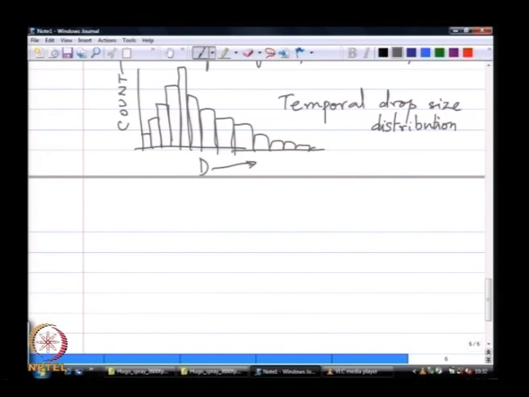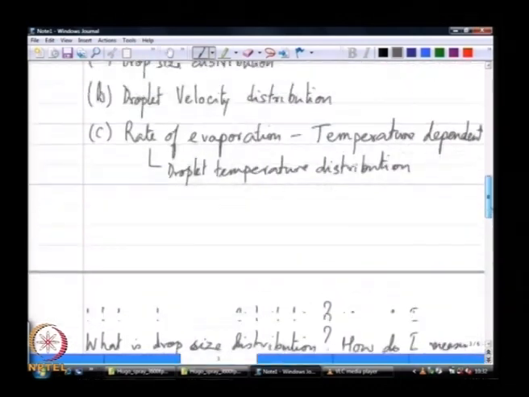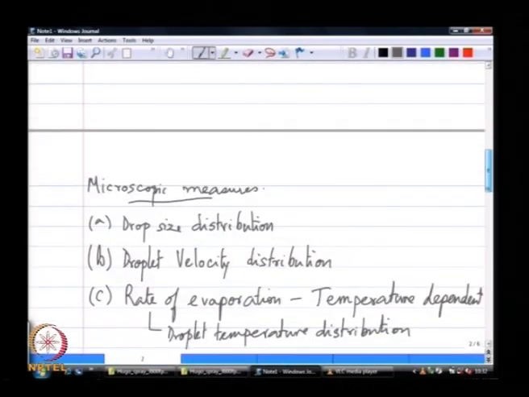Okay. So we started to talk of microscopic measures, of which drop size distribution is one measure, and when we listed this here, it was actually a fairly simple thing to list. There are different size drops, we want to understand some information about the size drops. We quickly found out that there is not one, but there are two different drop size distributions.